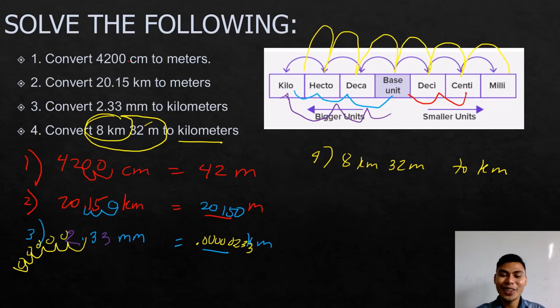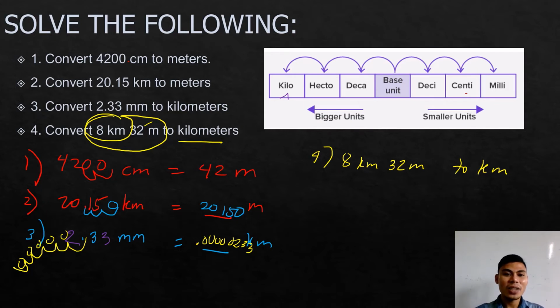So, let's erase muna. Then, let's write. So, it's meter now. This is the base unit going to kilometer. 1, 2, 3. So, we're talking about 32 meters. Going to the left, 1, 2, 3.